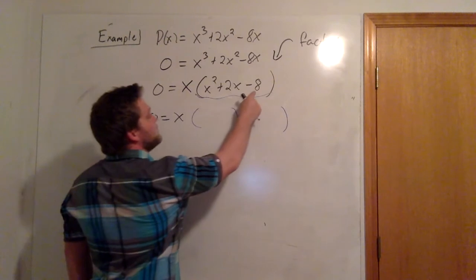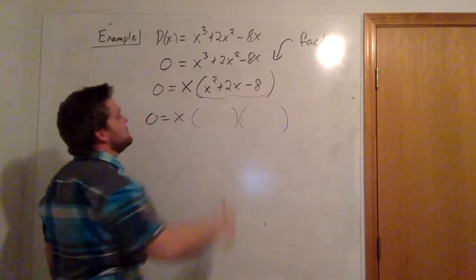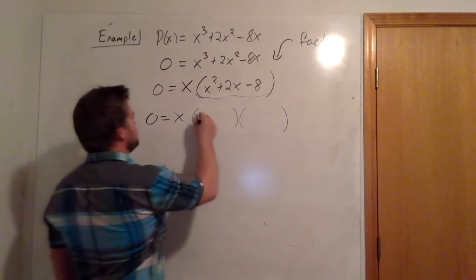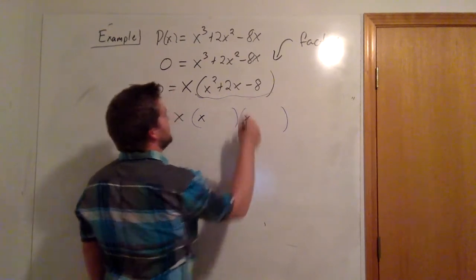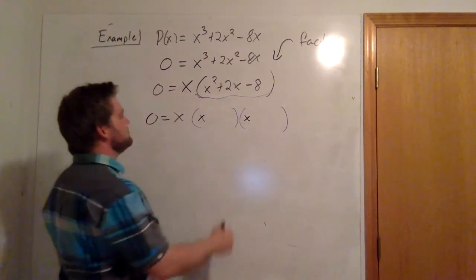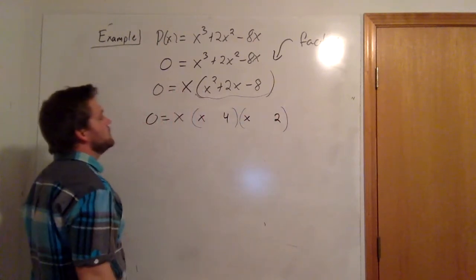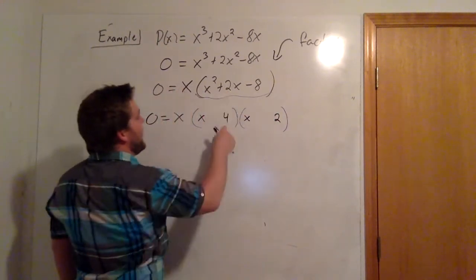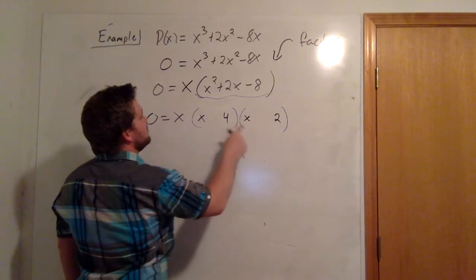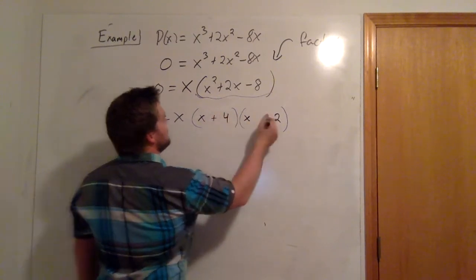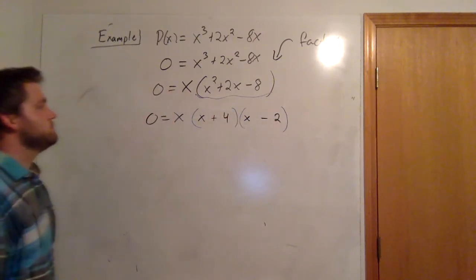So what are the factors of negative 8 that add to 2 here? Let's think about it. It's got to be some combination of 4 and 2. Well, they have to add to give me positive 2, so the bigger number has to be positive, and the other one has to be negative.